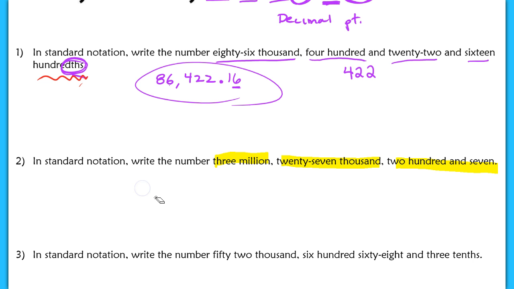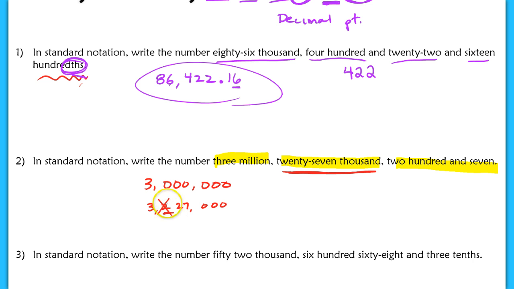Okay, so anyhow, that's 3 million, right? 6 zeros afterwards. Now I have this number 27,000. All right, now I'm not going to put the 27 here. Let me just show you what you might interpret this as, because this would be 270,000, and this is only saying 27,000. So instead of putting that 2 right here, I'm actually going to move it over to right here.